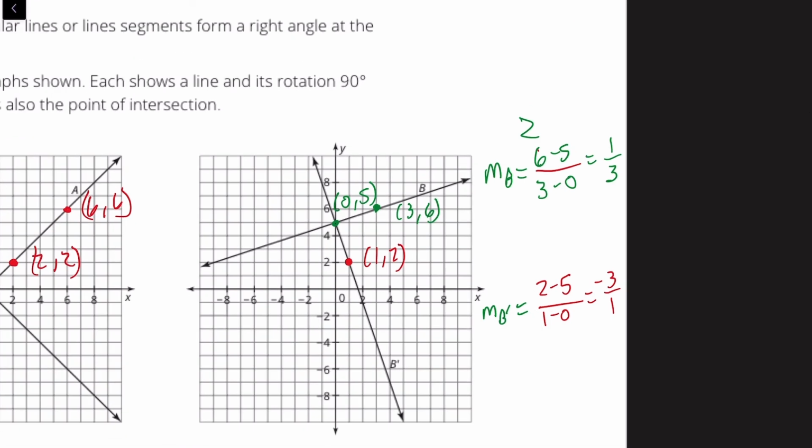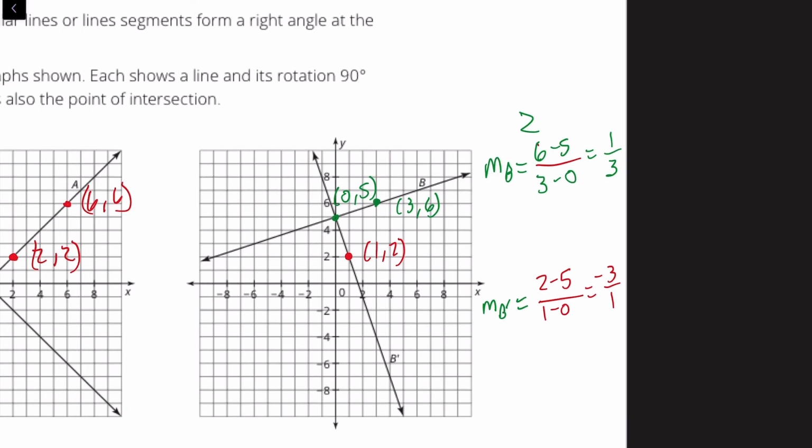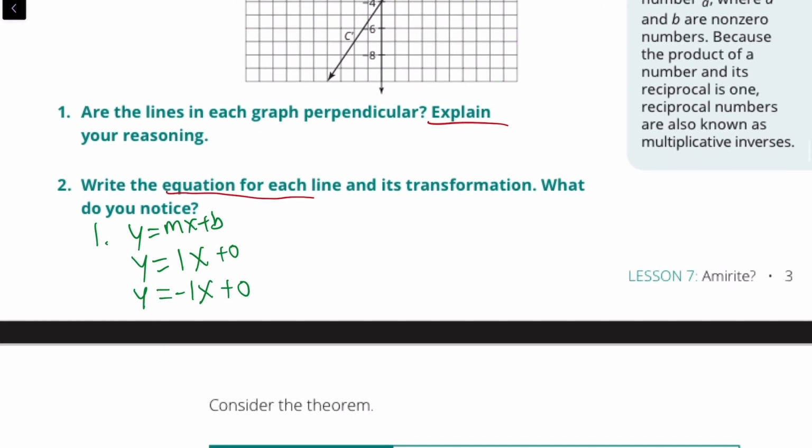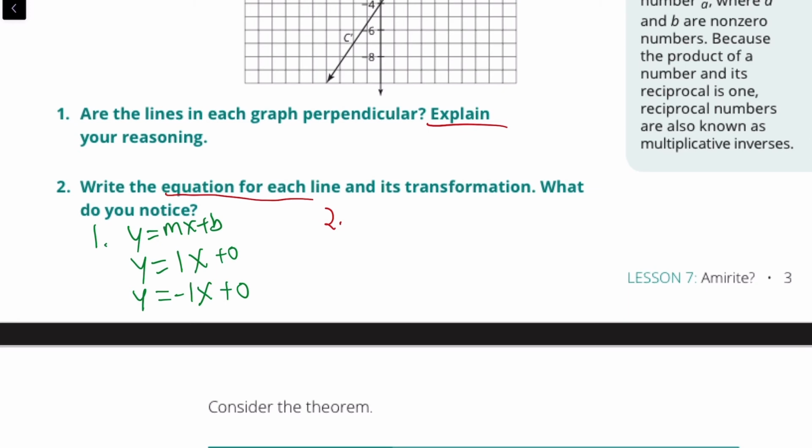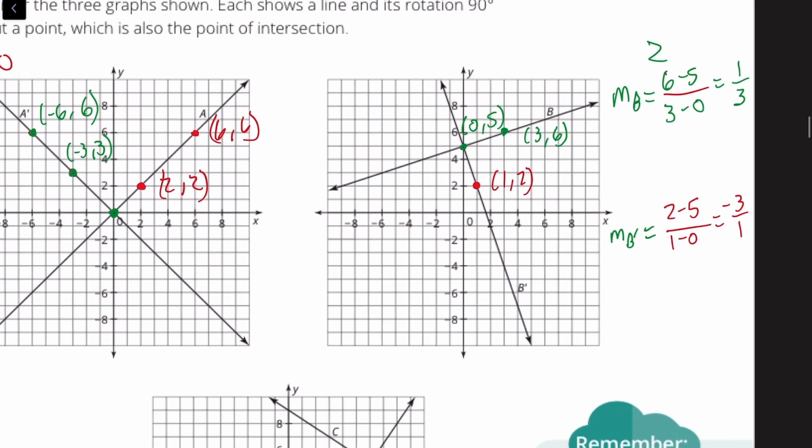If you look at the slopes for these two, you'll see that the first time we got 1/3, and the second time we got negative 3 over 1. And those are the same exact numbers, it's just one of them is the flipped version of the other. So for number 2, we have two lines and y equals mx plus b, where the slope is almost the same, but one time it's a reciprocal.